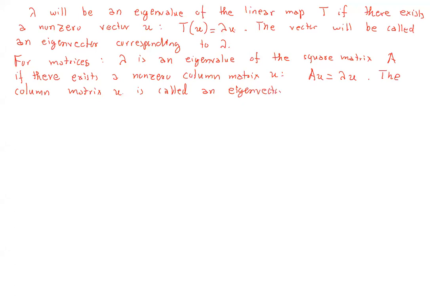So basically, when you have a matrix which is diagonal, all the vectors of the standard basis are eigenvectors for that matrix.